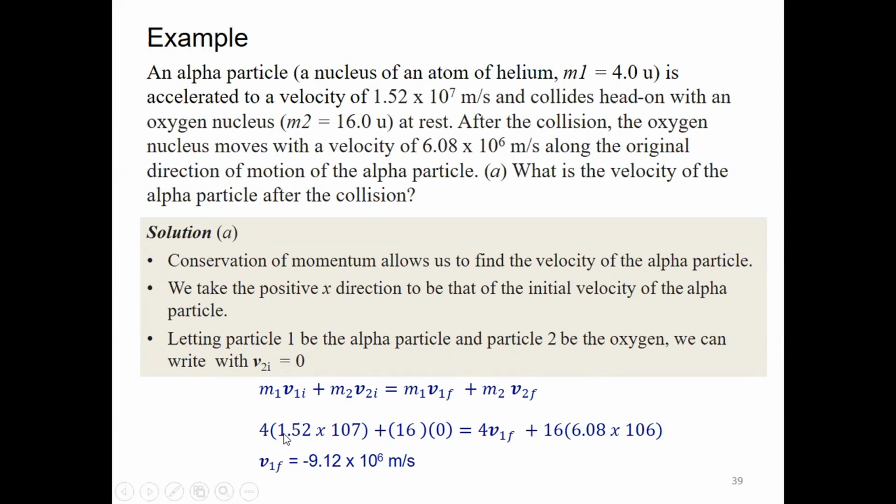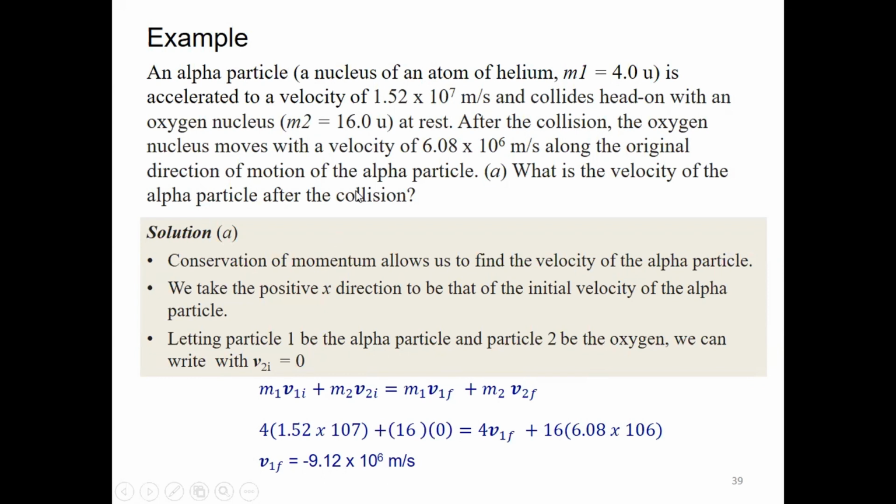And here we have 4 multiplied by the velocity plus 16 times the velocity, which is 0, equal to 4 times the final velocity of particle 1, which we don't know, plus 16 times the velocity of the oxygen, which we know, and we find the velocity of the alpha particle as 9.12 into 10 to the power 6 meters per second with a minus sign. So it is in the reverse direction, opposite to the x direction, and its value is calculated.